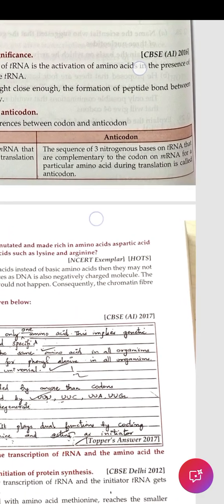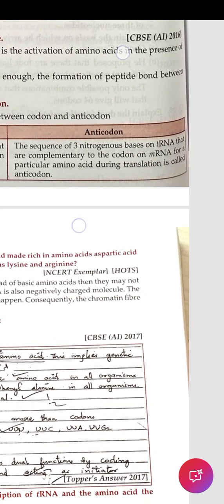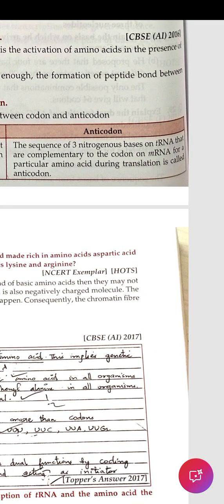And anticodon: the sequence of three nitrogenous bases on tRNA that are complementary to the codon on mRNA for a particular amino acid during translation is called an anticodon.